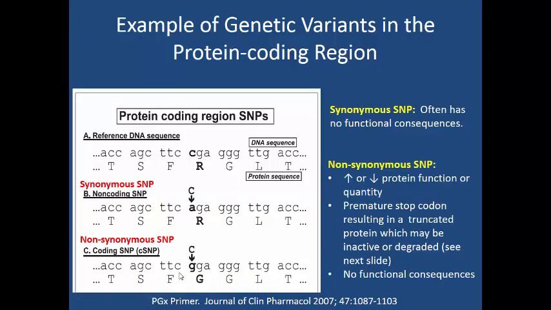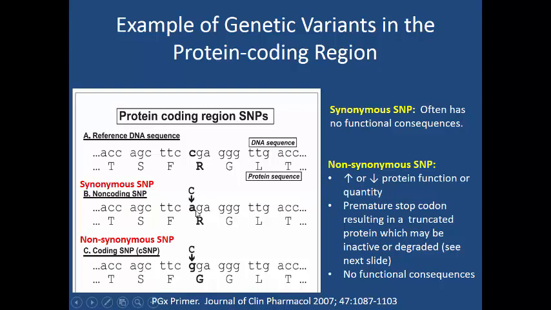So as I mentioned, I'm going to just show one picture from that primer, and this is an example of genetic variants in the protein coding region, or the exon. And this again is just reviewing what we reviewed before, but showing it in a different picture form. So this is showing you the reference DNA sequence, and we'll focus on this spot here. CGA codes for arginine.